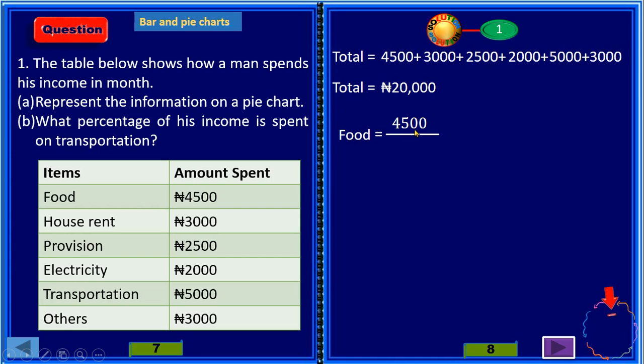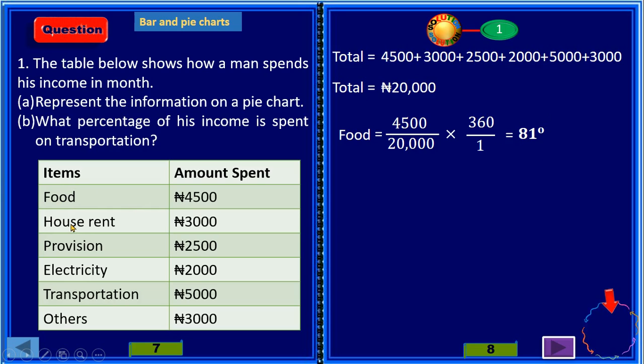Then we are going to divide this by the total expenditure, which is 20,000. Now, simplifying that, we are going to multiply that by 360 over 1. Simplifying, we are going to have 81 degrees. So therefore, for the item food, the angle represented by that sector will be 81 degrees.